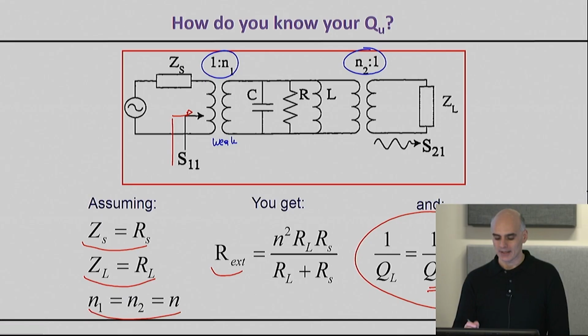You want to barely tap the resonator with energy. You want to barely excite the voltage here and barely get measurement out, because in that case your S21, which of course measures the amount of power you transfer from the input to the output, will actually be much less than 1.